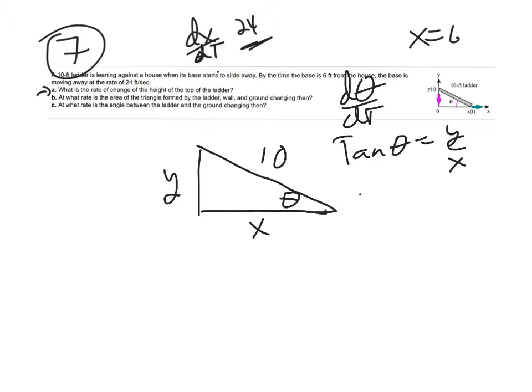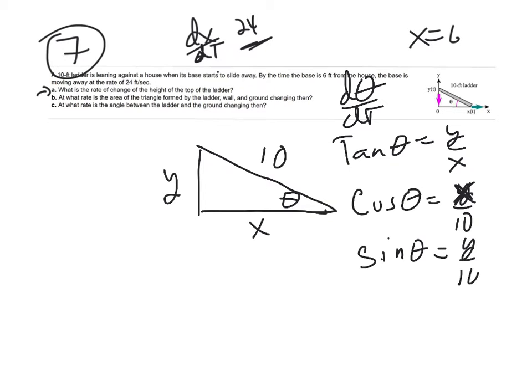We could say cosine of theta equals y over 10, and that wouldn't be impossible to do. We could also do sine. Cosine would be x over 10, and then we could say sine of the angle equals y over 10.